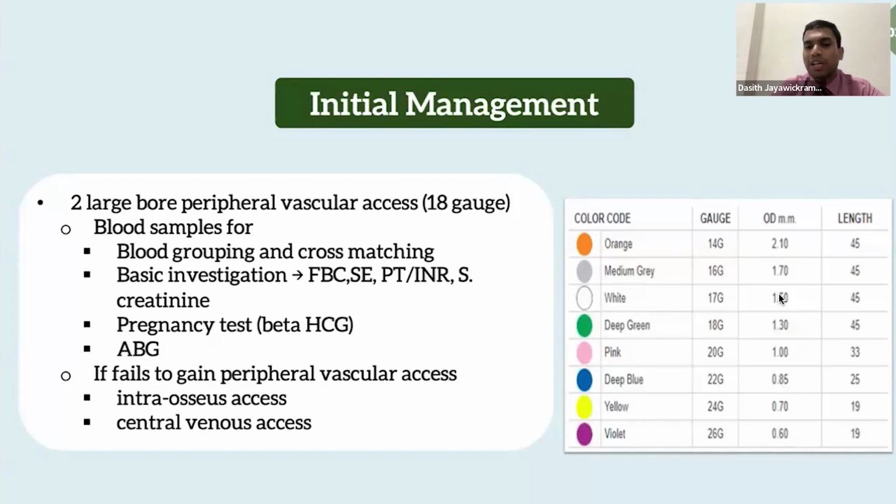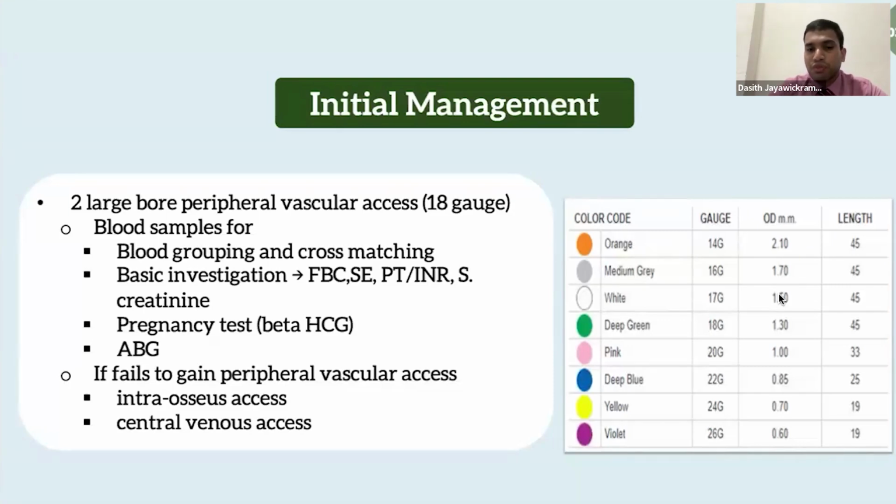Green or above, green, white, gray or orange is needed for this. Two vascular accesses. If peripheral access is not possible, we have to go for central venous access. And in children, we might go for intraosseous access. And we take blood samples. We need to send blood for grouping and cross-matching for blood transfusion in the future.